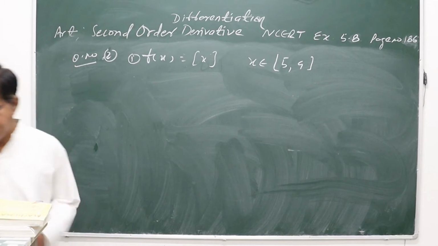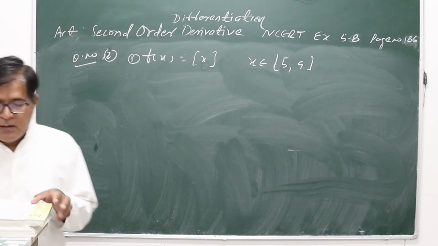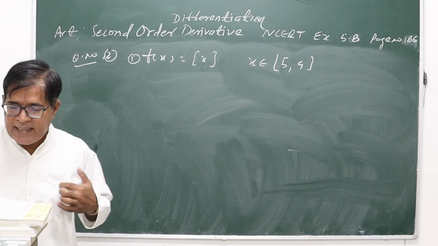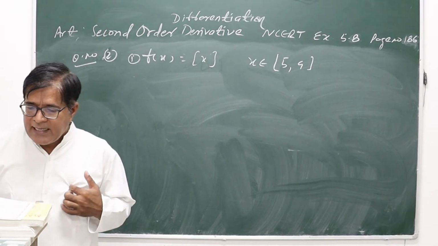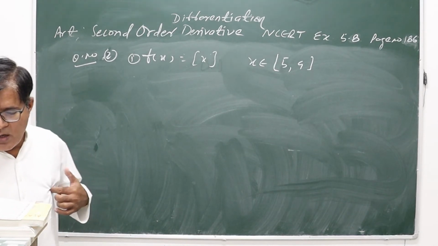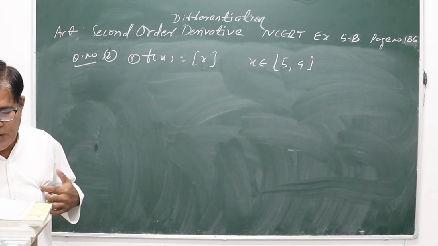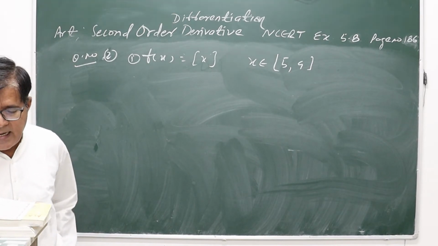The given function f(x) is the greatest integer function, and this function is neither continuous nor differentiable at the integral points 5, 6, 7, 8 and 9.